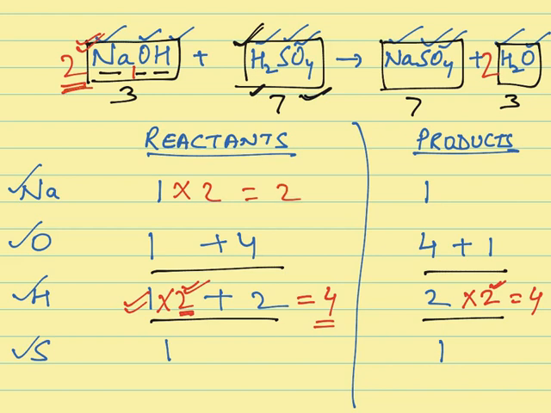Likewise, this 2 into 1 oxygen makes it 2 into 1, 2 plus 4 is 6. And for hydrogen we have already multiplied over here. Now let's look at this box. 2 into this 2 is 4, but this 2 into 1 atom of oxygen makes it 6 over here.